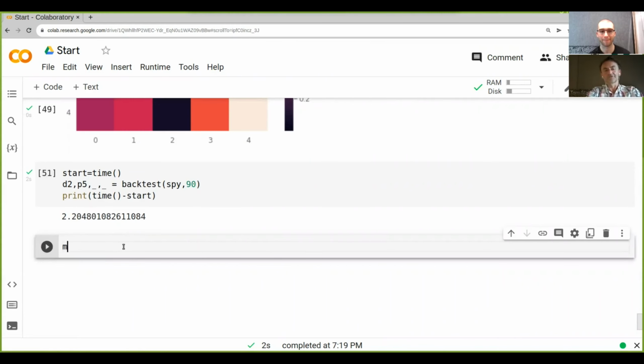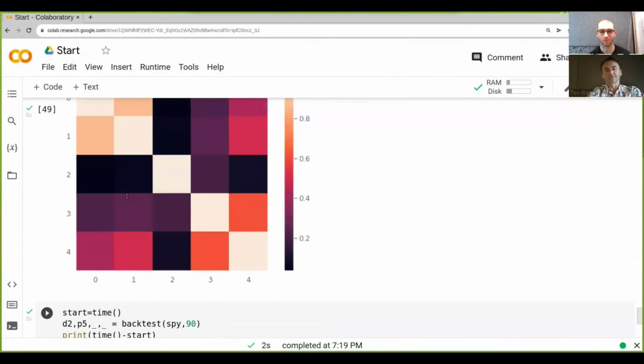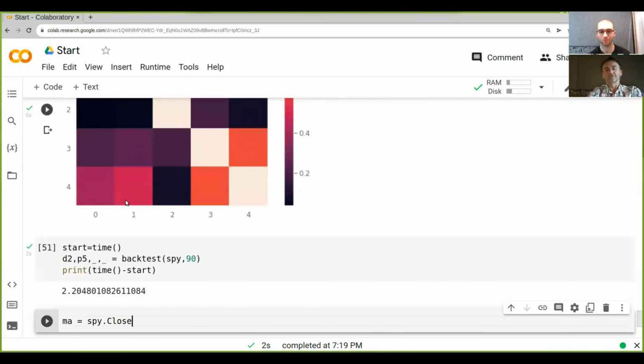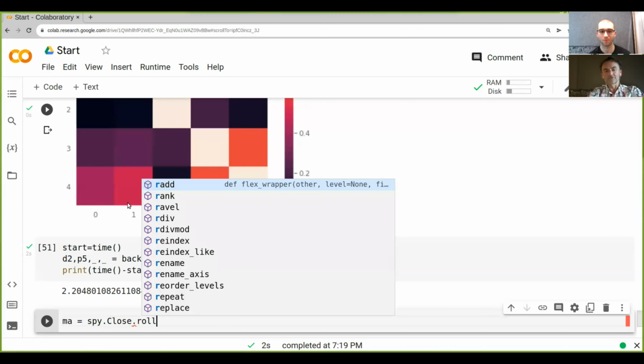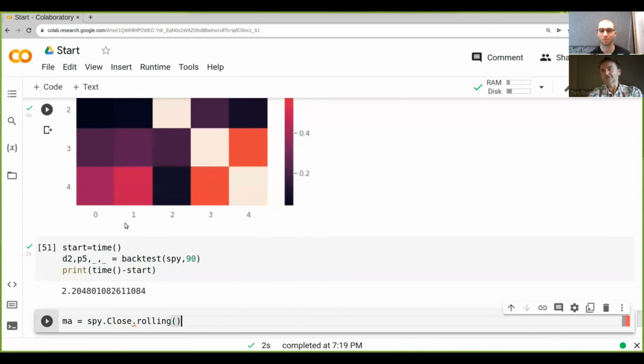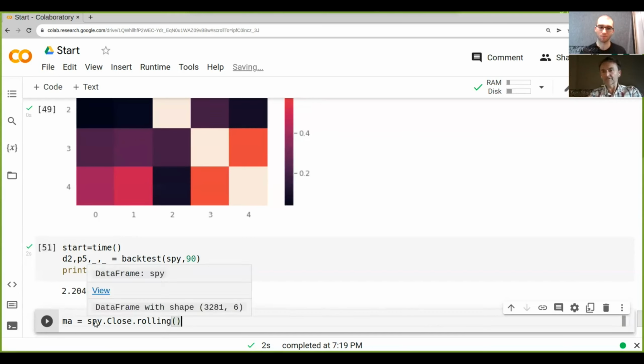So what we want to do is say our moving average is equal to the SPY, and I said we only use close prices. Then we need to create a rolling window. So we go rolling, a function in the pandas package. Because SPY is already a pandas data frame, we can use it directly.